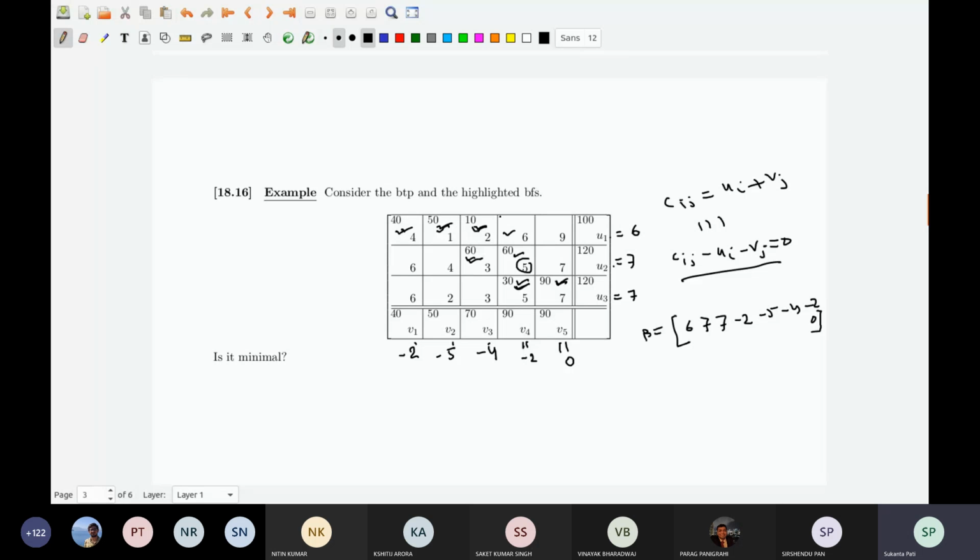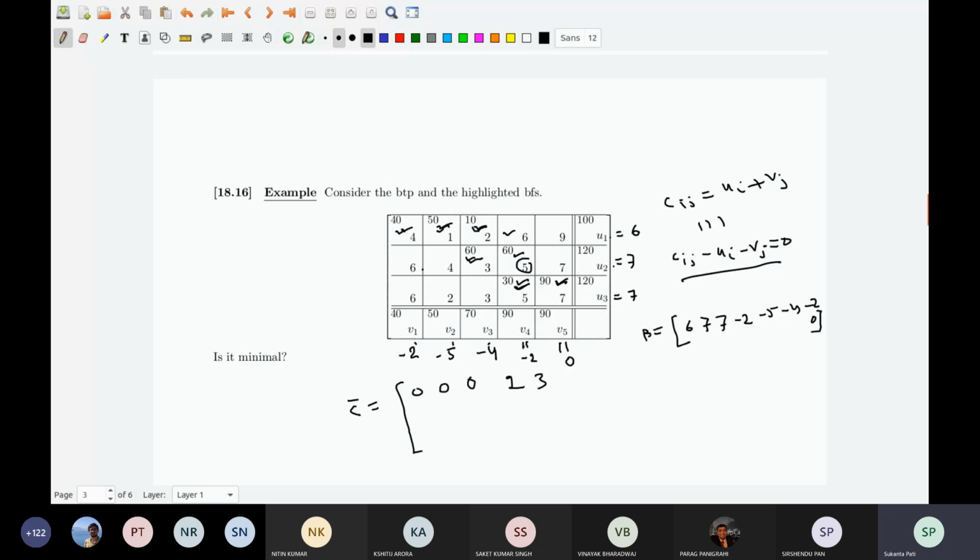So C bar, if I want to write, C bar will be 0, 0. On a basic square it will be 0. Here it will be 2. On the fifth one, that's 9 minus 6 minus 0, 3.